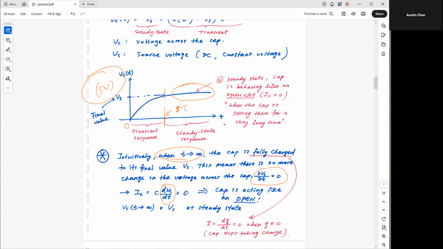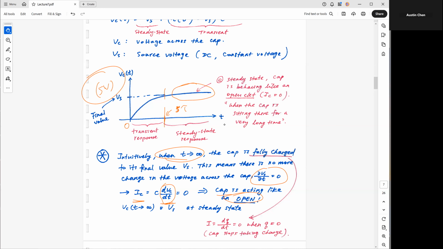One is the cause and the other is the effect: no more change in the capacitor voltage gives rise to no current. If there's no current, the capacitor is basically acting like an open, because no current can go into an open circuit. So that's one way to understand it.